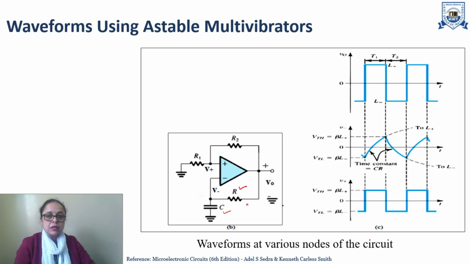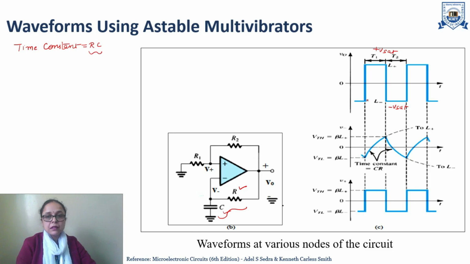Because the shifting of voltage from plus Vsat to minus Vsat, or L plus to L minus, will depend upon the charging and the discharging of the capacitor, and this charging and discharging of the capacitor is regulated by R and C. That is why the time constant will depend upon R and C. So, tau will be R and C.